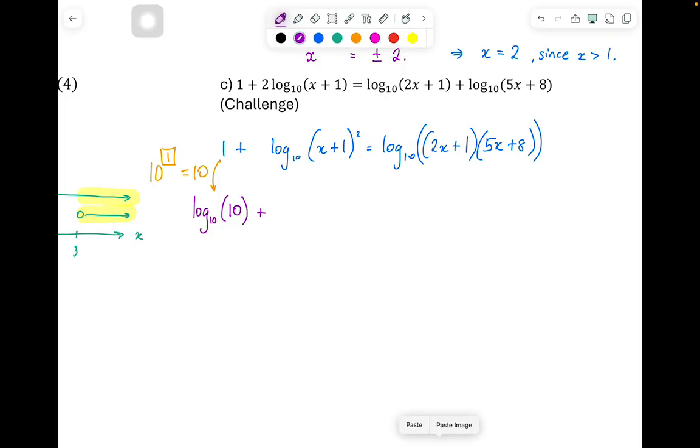I'm going to continue on here by expanding this bracket. Now it is perfect squares, so we've got a squared plus 2ab plus b squared. Over on the right hand side here, I'm going to expand the brackets.